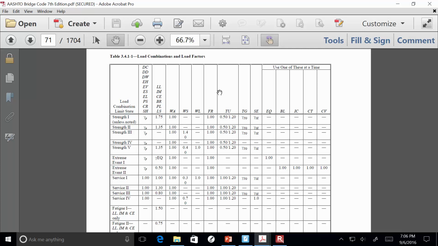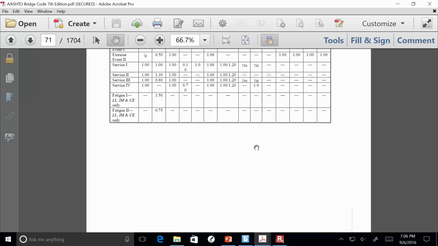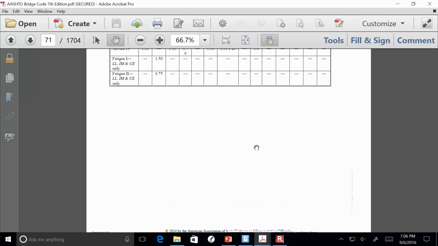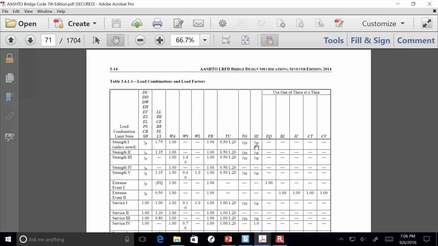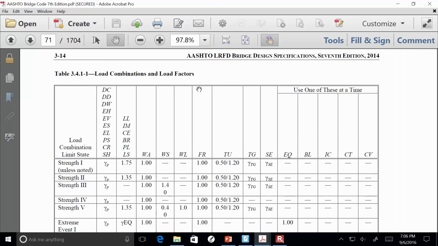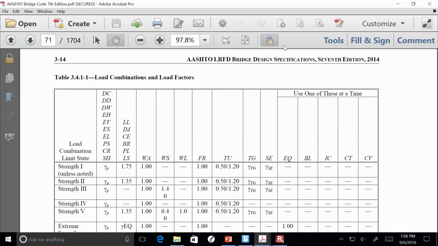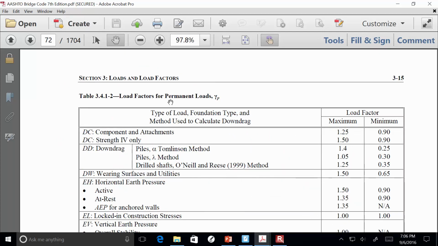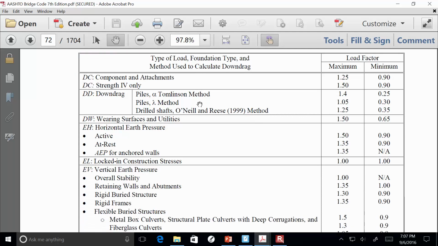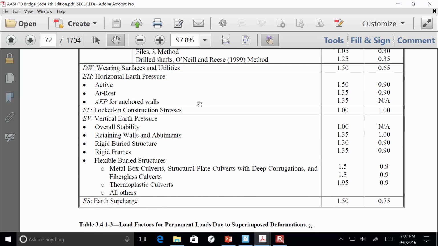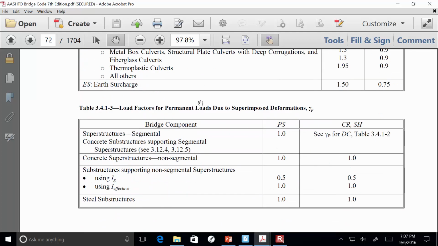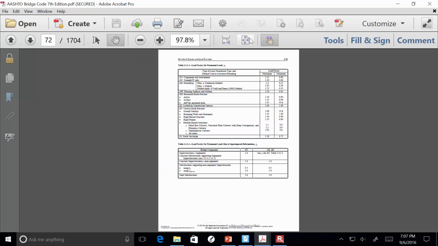I'm on 3-14. If we go to the next page, that's where we got the permanent load factors and what have you. This is, you know, where those dead load factors come from.